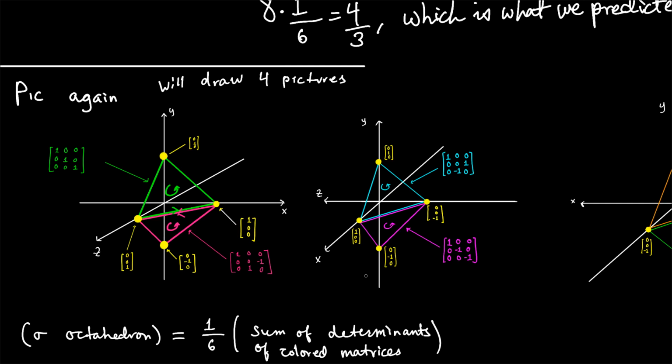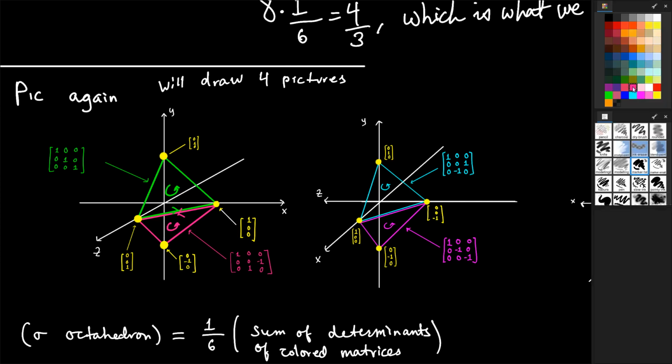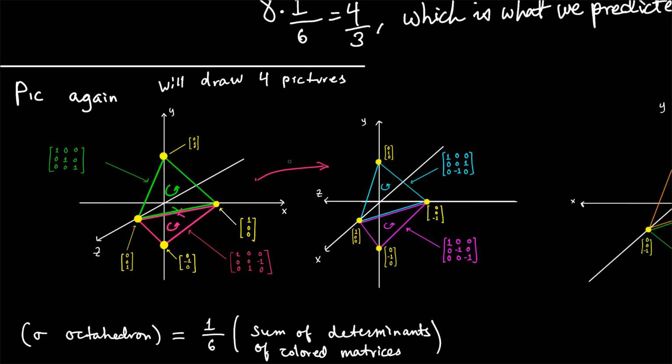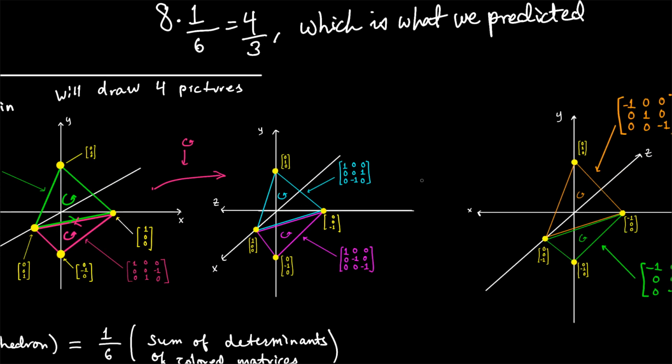Do this with your right hand, and that'll tell you the rotation that I applied to each of these graphs to get from this one to this one. And so you do this rotation. That's how you get from this to this, and this to this, and etc.